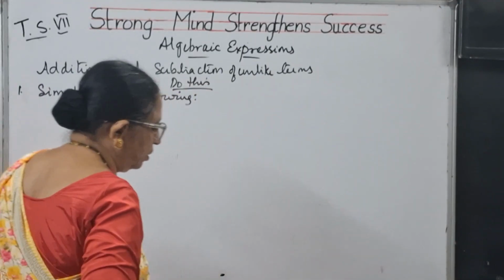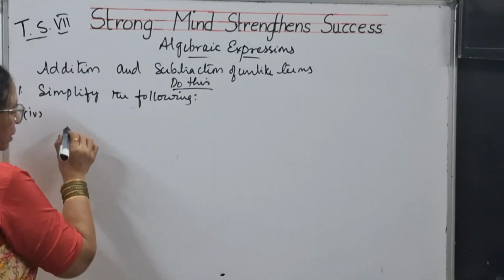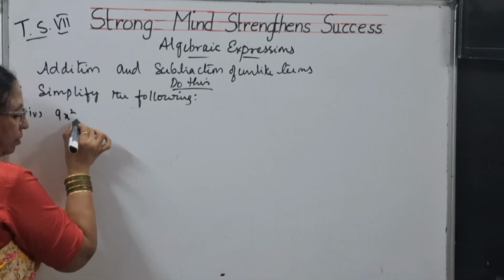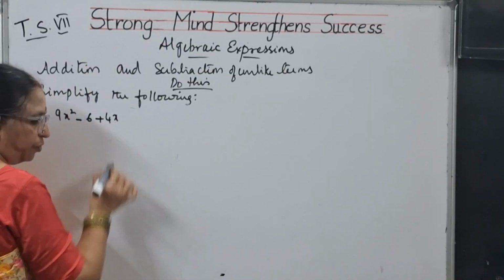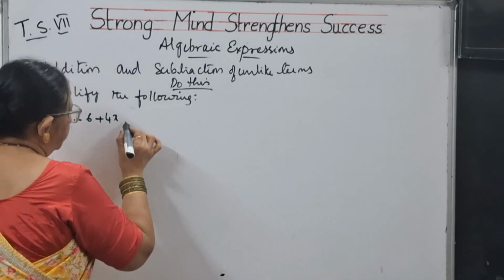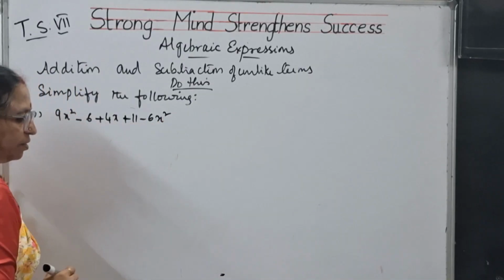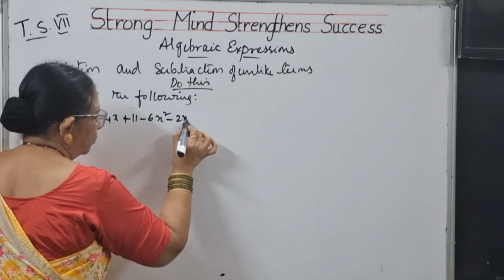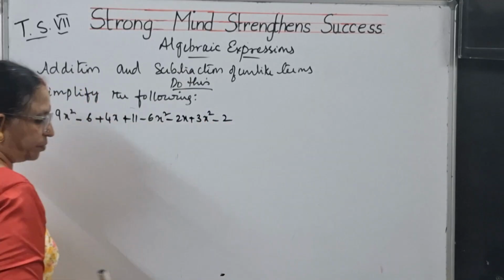Now, fourth bit, children. 9x square minus 6 plus 4x plus 11 minus 6x square minus 2x plus 3x square minus 2.